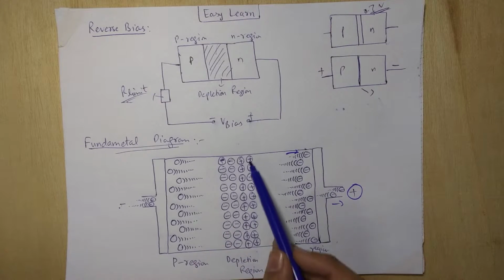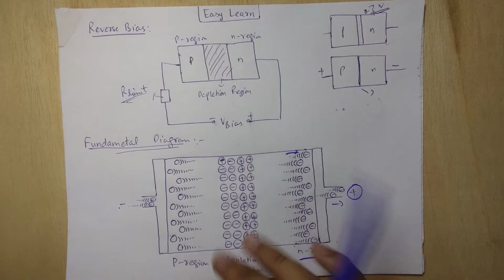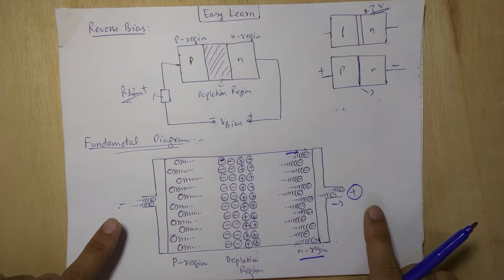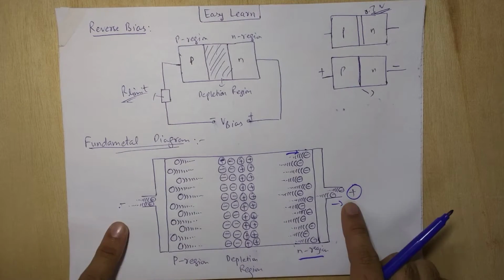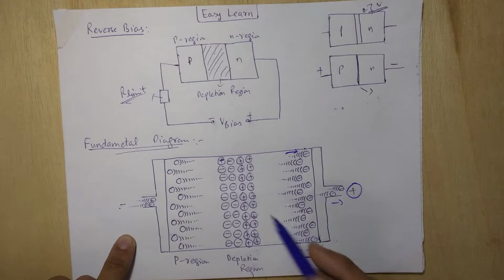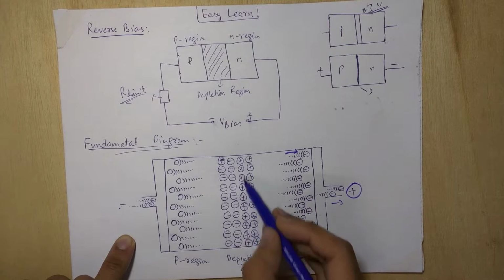For example, let's say this is the first layer of positive charges that is already there. As soon as I connect the terminals to the external voltage source, V bias, this additional layer is created.